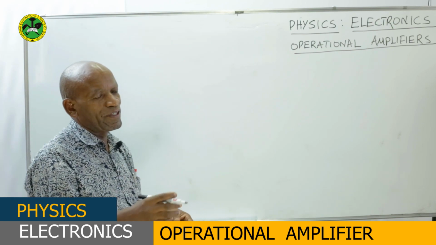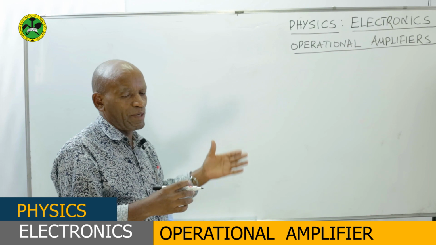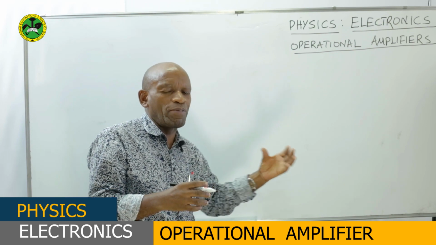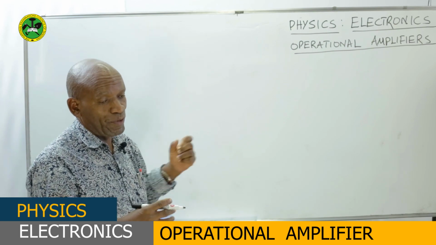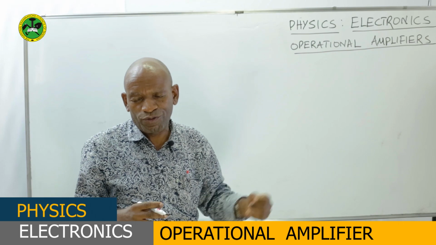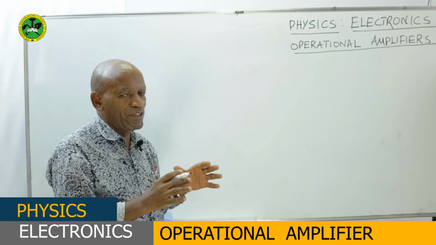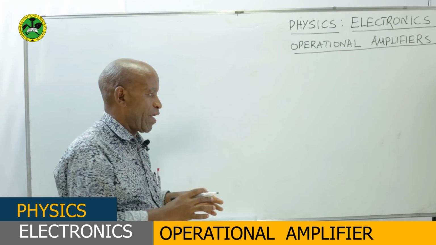But we have only 1 output, as we shall see later. That's where we get our amplified signal through that output terminal, with respect to the earth or to the ground. That's the definition or a simple structure of an operational amplifier.